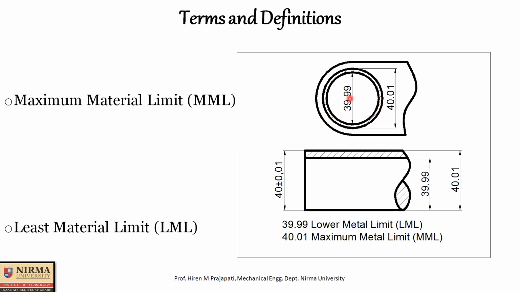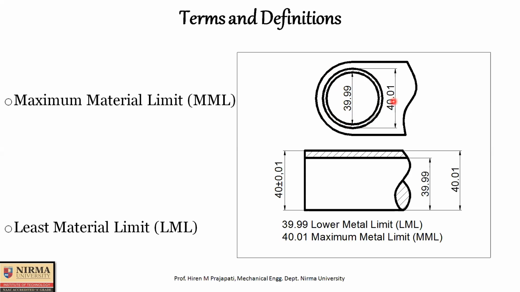That's why for a hole feature, or for an internal feature, the lower limit is called the maximum material limit. So 39.99 is called the maximum material limit, and for 40.01, this much less amount of material is used in manufacturing the hole. So the upper limit of the hole, 40.01, is considered the least material limit for the hole.